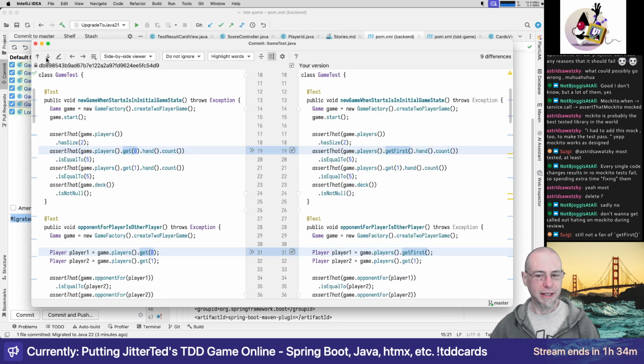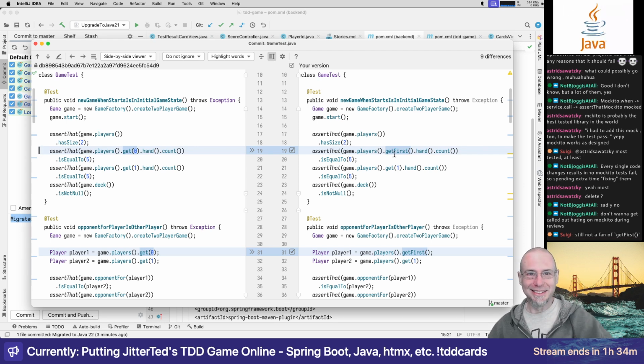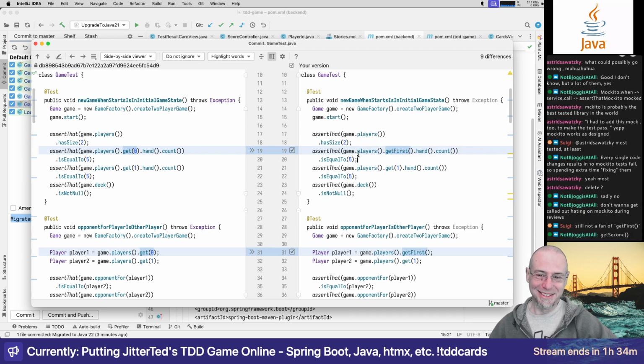It's those little things. This one's unfortunate because it replaced get zero with getFirst, and this is perhaps not great. Yes, get seconds. I'm not sure I like the lack of symmetry here, so I'm gonna undo those.